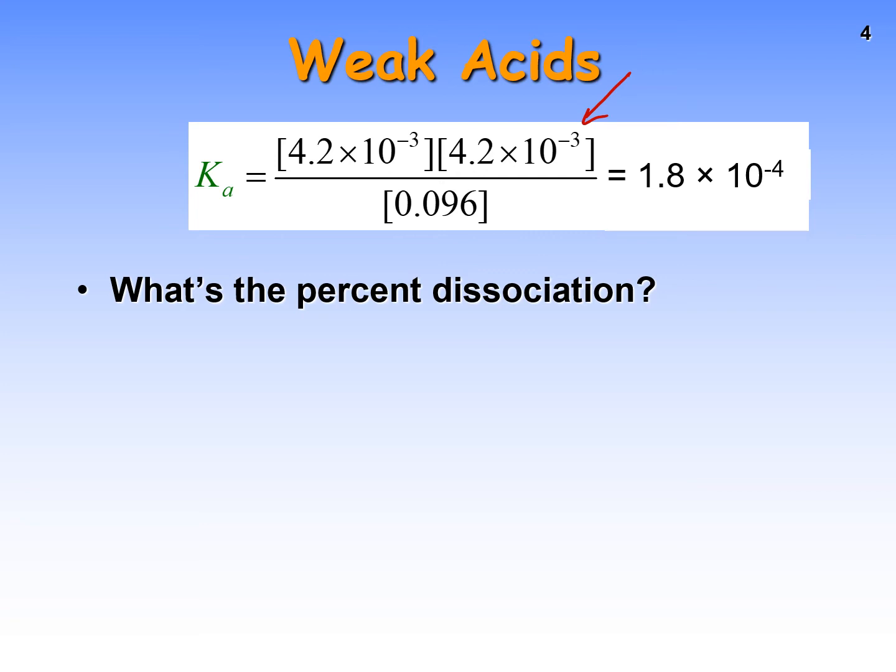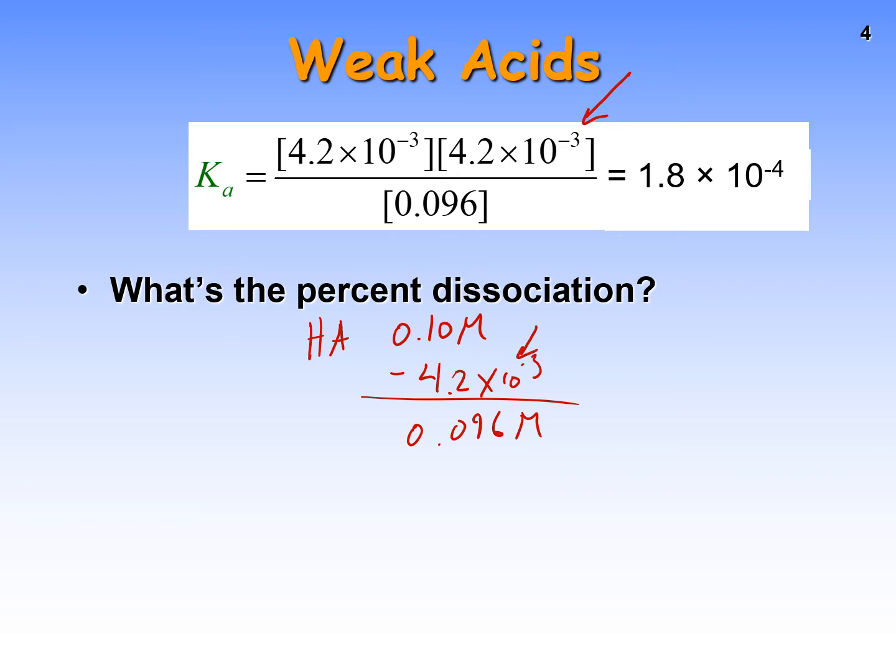So what's the percent dissociation? Well, we know that HA initially was 0.10 molar. And we want to know what percent of this dissociated. Well, I know I subtracted 4.2 times 10 to the negative 3 from it to get 0.096 molar.